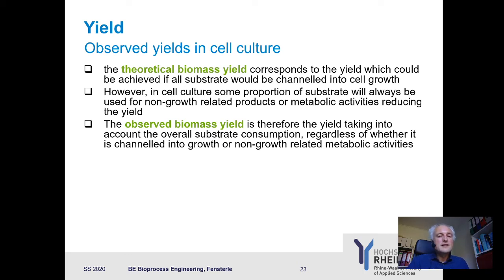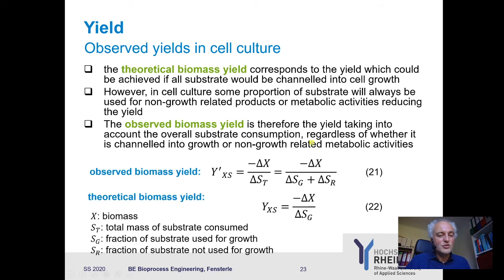However, you will always see that some substrates will go for non-growth activities, other products or whatsoever. So this yield which could be achieved is reduced. And the observed yield is therefore taking into account everything, whether it's going to biomass growth or something else. So this is, of course, the value you see.